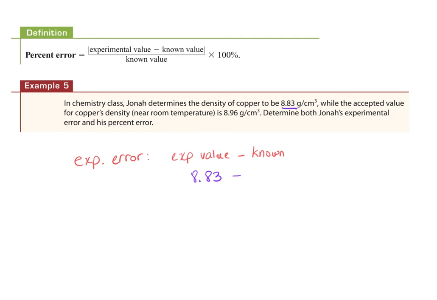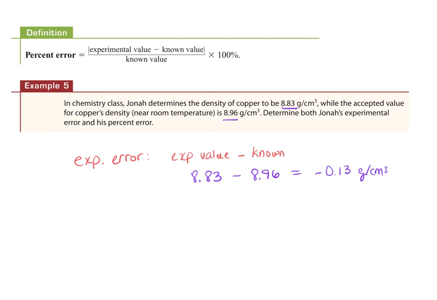He expected, or the known value was 8.96, which means his experimental error was negative 0.13 grams per centimeters cubed. All right? This guy can be negative. This just tells us that he was below what he expected.